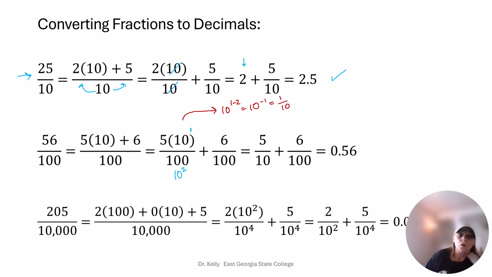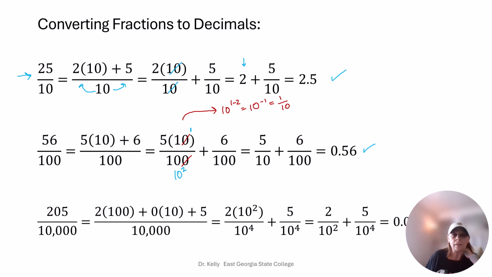So that's one way we can look at it. But your students are more likely going to do this. Cross out the zeros. You get to match up the zeros there. All right, and then we go on here, and now we have 5 over 10 plus 6 over 100, and so we get 56 hundredths.